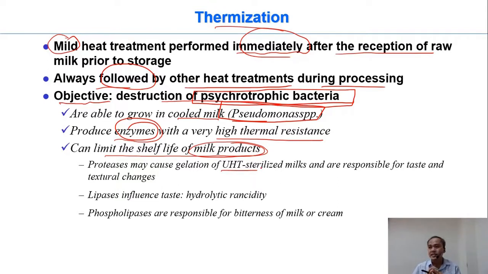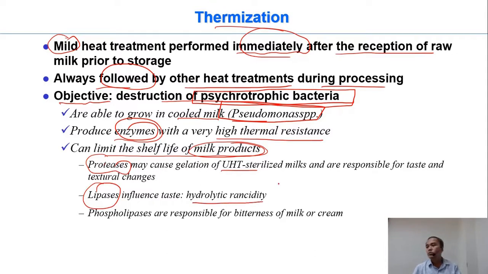UHT milk and sterilized milk, both processes destroy a similar level of microorganisms, but UHT has a much shorter shelf life, only 6 months. Sterilized milk has 1 year shelf life, and the main difference is because the enzyme from Pseudomonas, from psychrotrophic bacteria, is still active in UHT milk quite a lot. We will see in the relevant slides, some next slides. The proteases and the lipases can also cause rancidity.